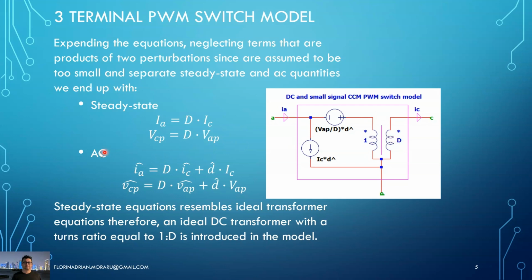And then for the AC part, we have two equations that can be translated into a dependent current source and a dependent voltage source, which are those two depicted here. So in the end, we will have a model that is valid in DC as well as in small signal. And this is the way this three-terminal PWM switch model was derived by Vorpérian.